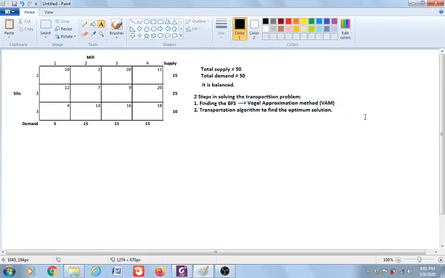Now we will start step 1, finding the BFS. BFS means the basic feasible solution, by using the Vogel approximation method.